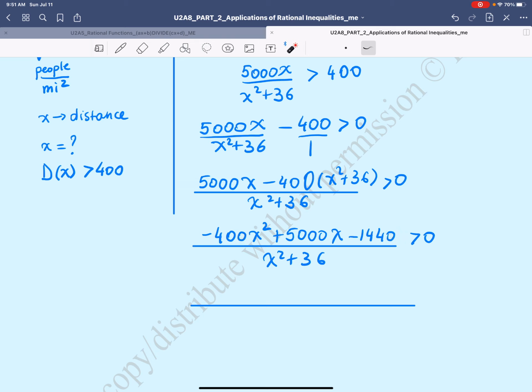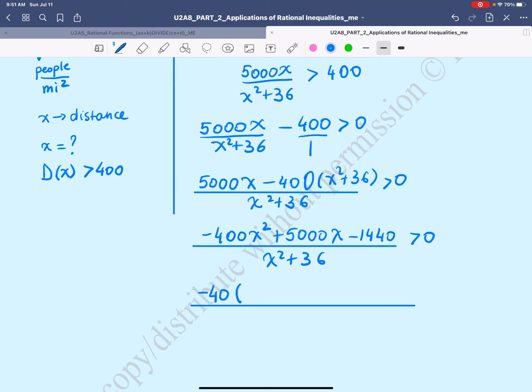I'm going to try negative 40 as well. So 400 over negative 40. And I'm going to try 14,400 over 40 actually, so that works. And 5000 over negative 40. So 40 won't work for the 5000, or would it? Oh, it does actually. So I'm going to take 40 out.